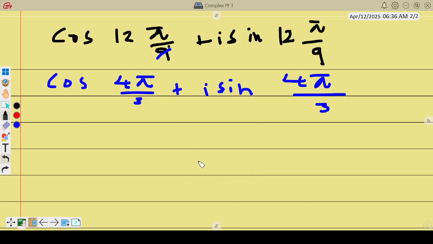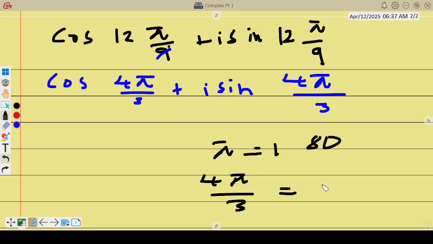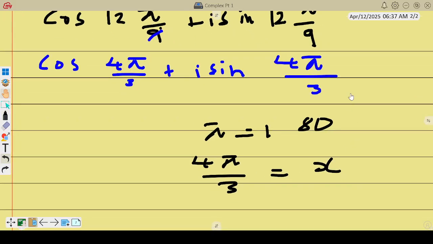So pi is equal to 180. So what angle in radians? Pi is equal to 180. So what about 4 pi over 3? It will be equal to what? We don't know, so here we're just converting.